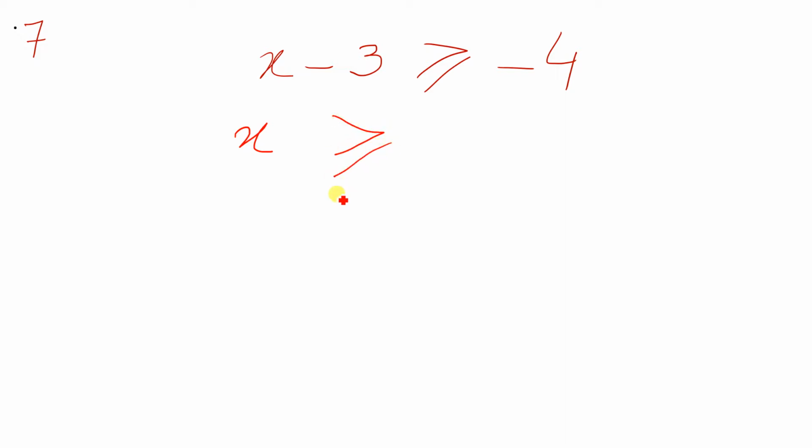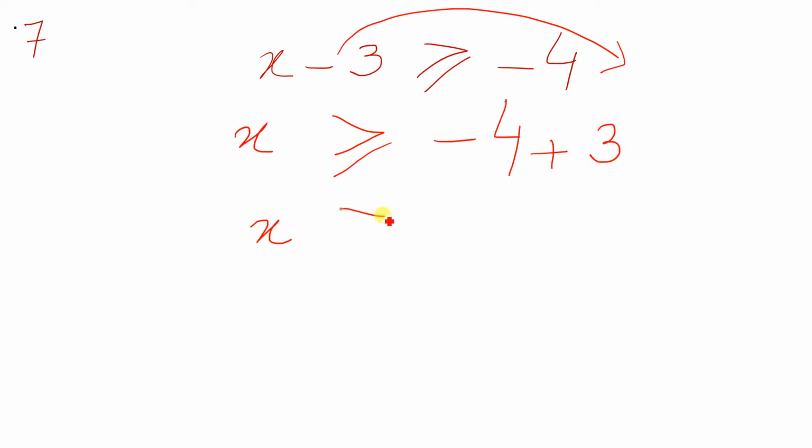The sign remains the same, negative 4 remains the same, but we take this negative 3 to the right hand side, where it becomes positive 3. So x is greater than or equal to negative 1. This is our answer.